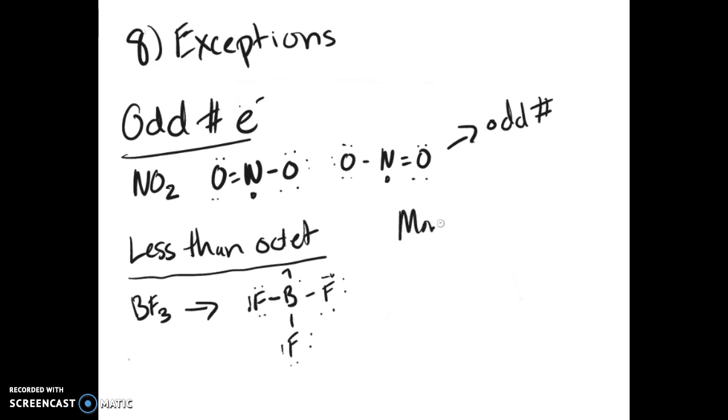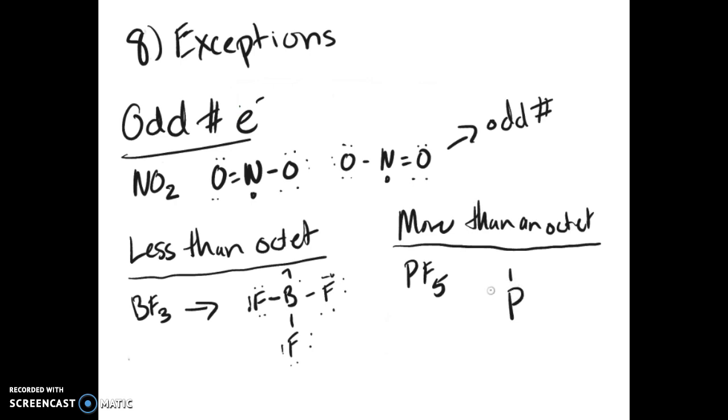And the final exception is the opposite, more than an octet. This tends to occur with everything around phosphorus on the table. So for example, if you have phosphorus pentafluoride, just using this as an example, in order for it to bond, phosphorus has to break up and bond 5 times, to its different fluorines that out here all have their full valence shells.